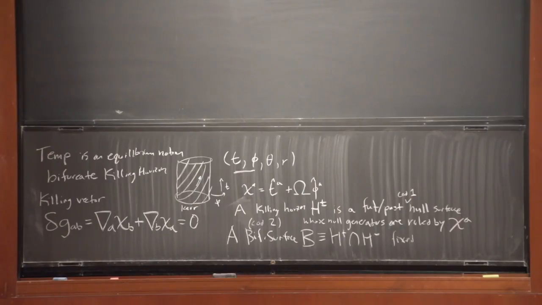Up here on the future Killing horizon, it just pushes it up, and it's the same on the other side, only in the other direction, and it becomes space-like inside.